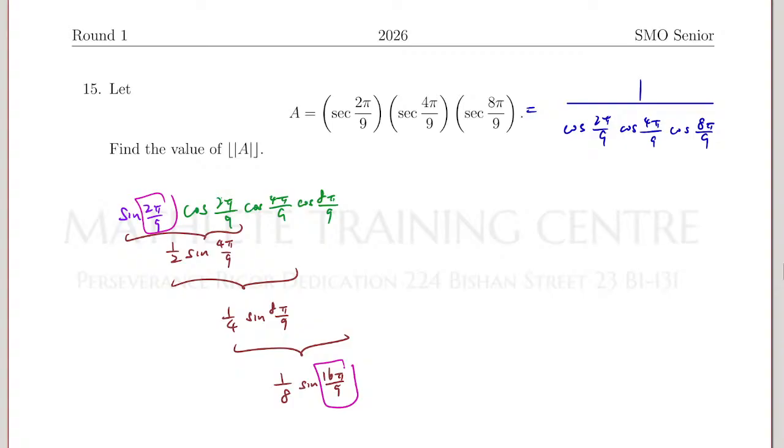Yeah, because last time we dealt with angles within 180 degrees. But here, if you add them up, you get 2 pi, right? We get 360 degrees. So these two are not quite the same thing, but they are negatives of each other. So because of the fact that 2 pi over 9 plus 16 pi over 9 equals 2 pi, you can see that sine of 2 pi over 9 will be the negative of sine of 16 pi over 9.